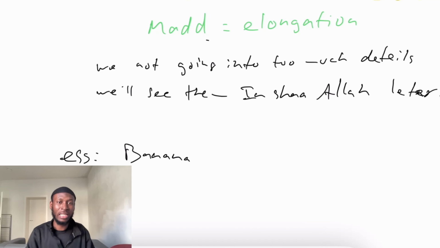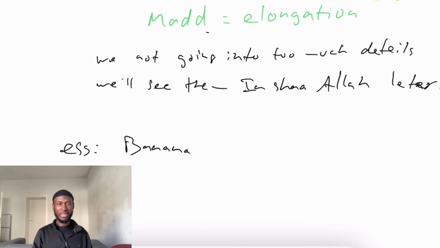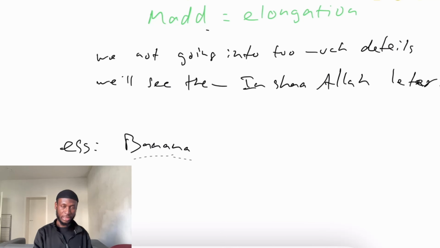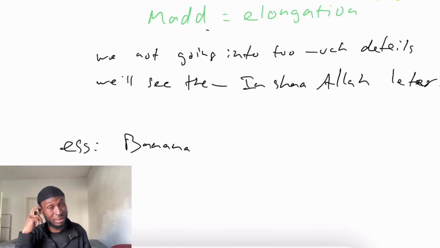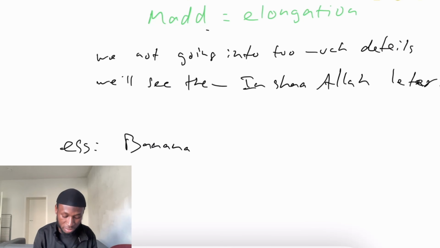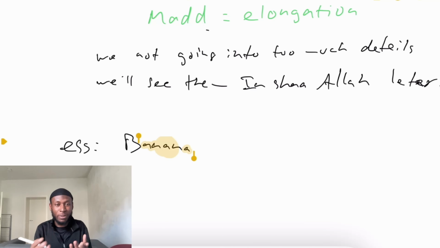Like for example, if I write banana here, and I say to someone who is not familiar with this word to read it, you can read it banana, you can read it banana, you can read it correctly banana, or you can read it banana.